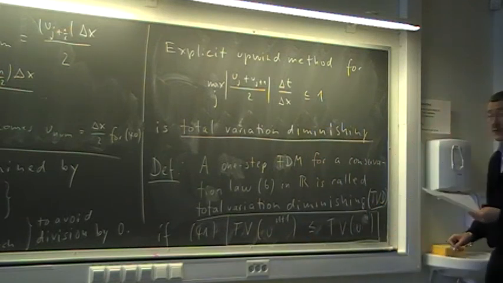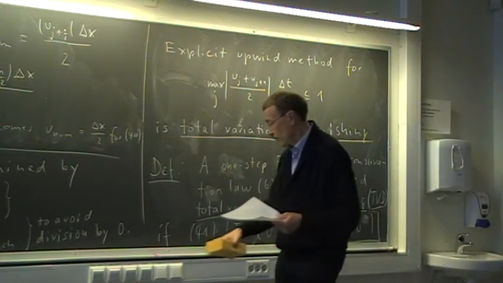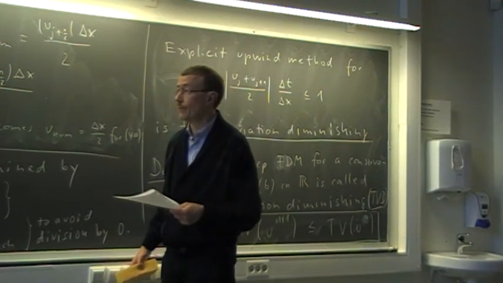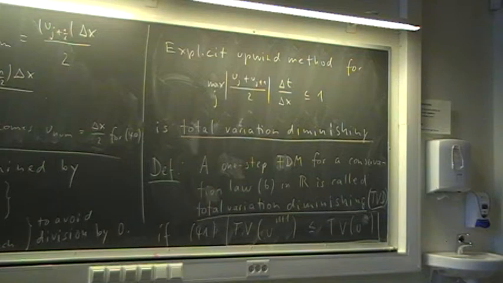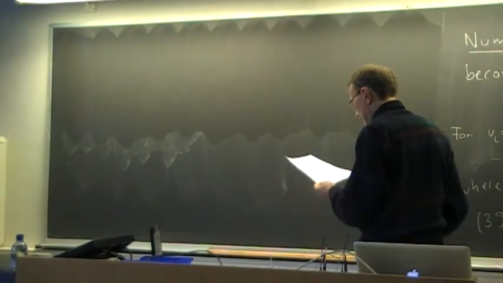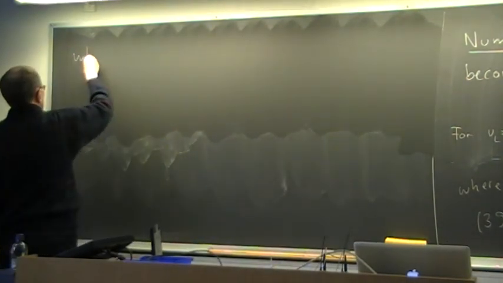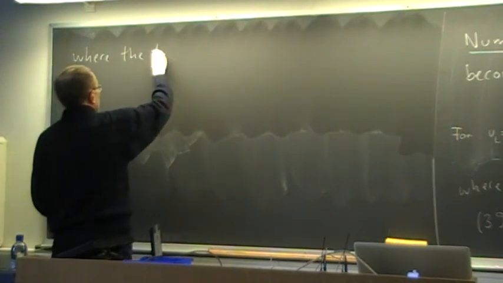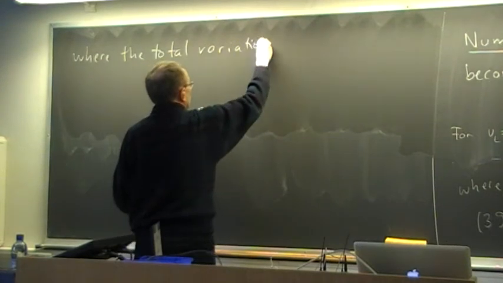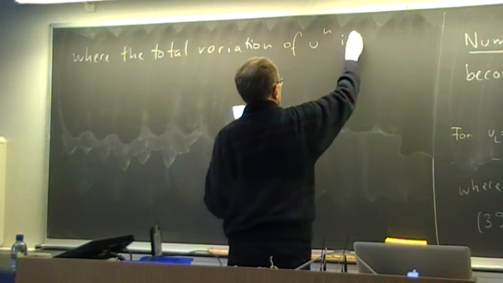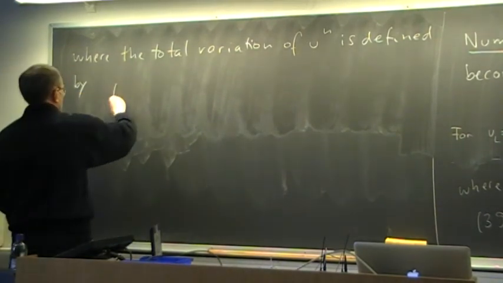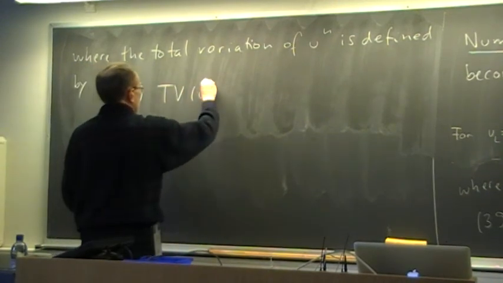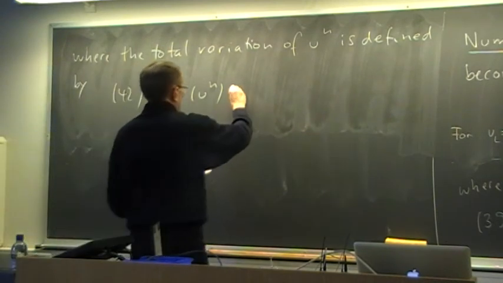So then we have to understand what the total variation is. That will be the next step, to look at the total variation to make this definition clear. So we continue the definition, where the total variation of, say, u^n is defined by the total variation of the solution at the old time level n being equal to the sum.